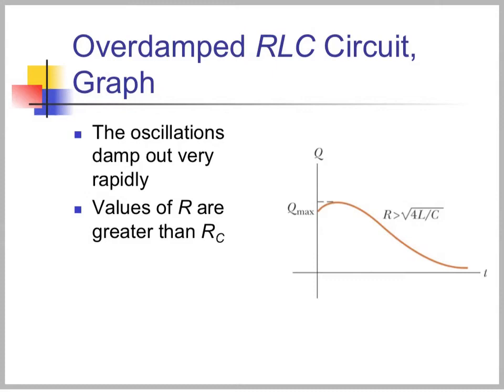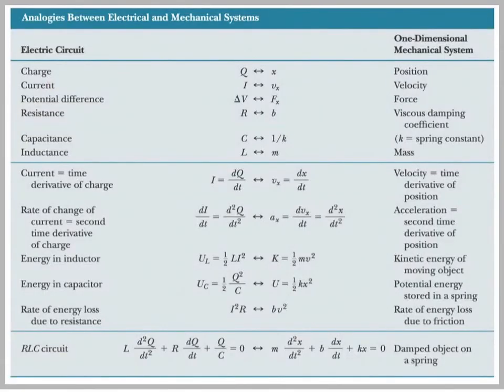So that lets us look at the analogies between electrical and mechanical systems. A one-dimensional mechanical system and an electrical circuit have a relationship to each other. If we think of charge as position, then current, which is the derivative of charge, is the same as velocity, which is the derivative of position.